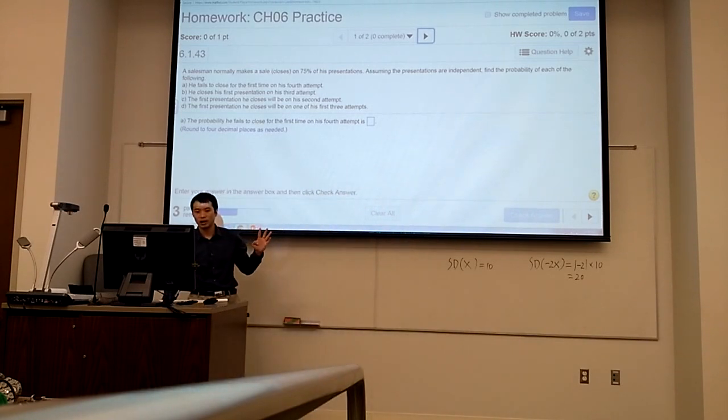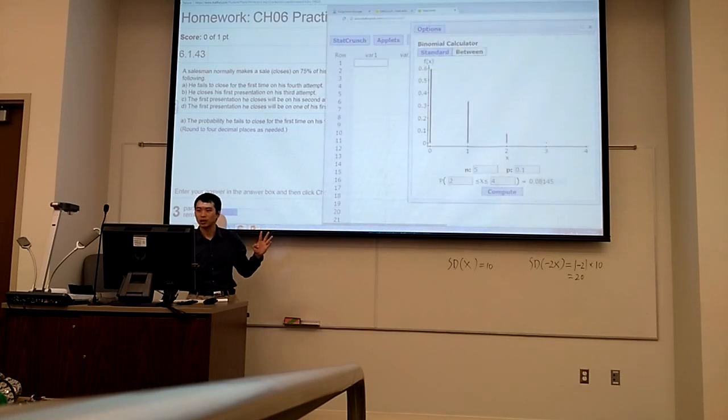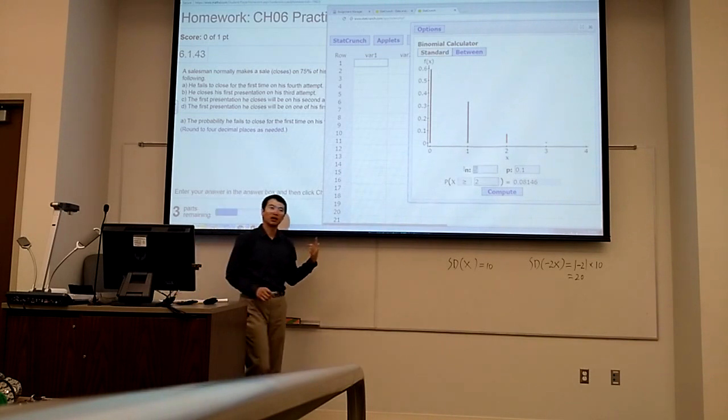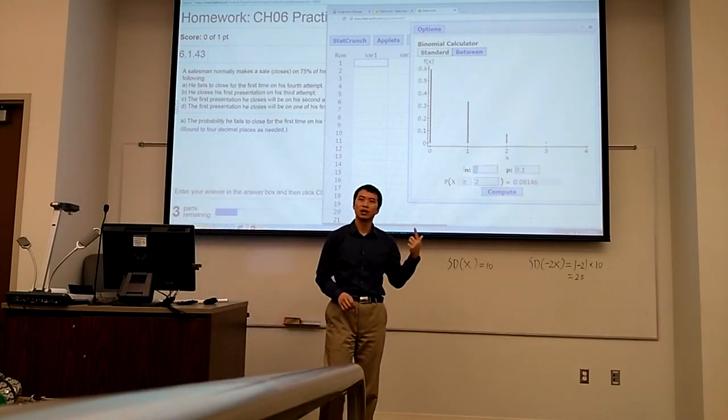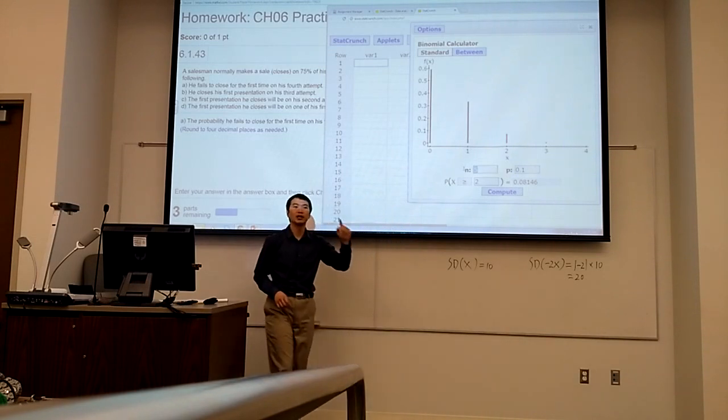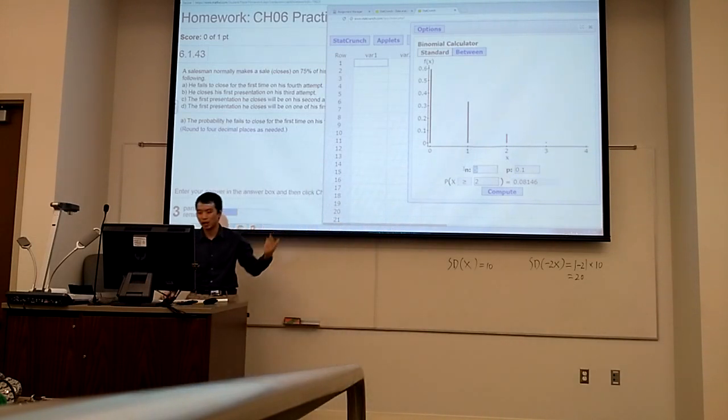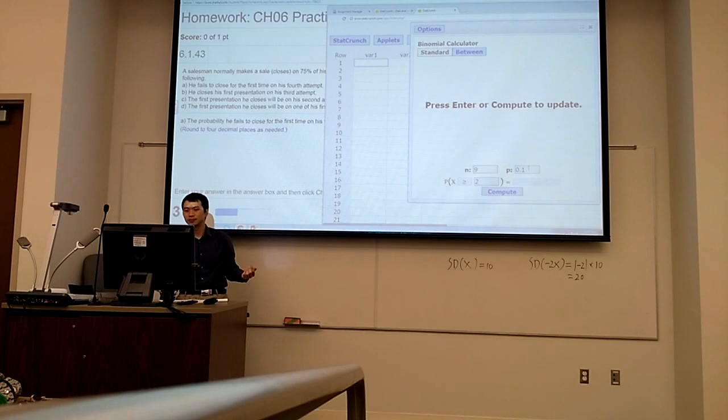So if I need to work on that, here's my step. So still, I need to change the parameters, right? I said I have 9 trials, right? I tried 9 times. Let me put 9 there.